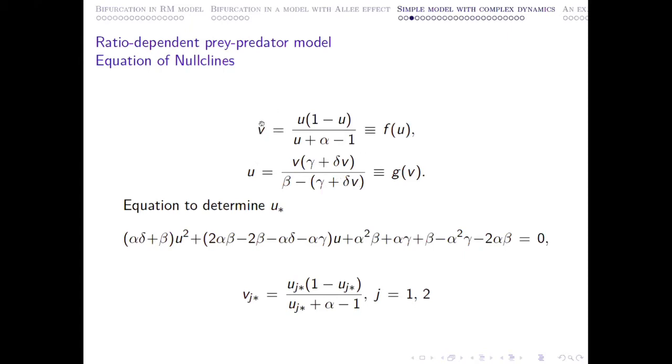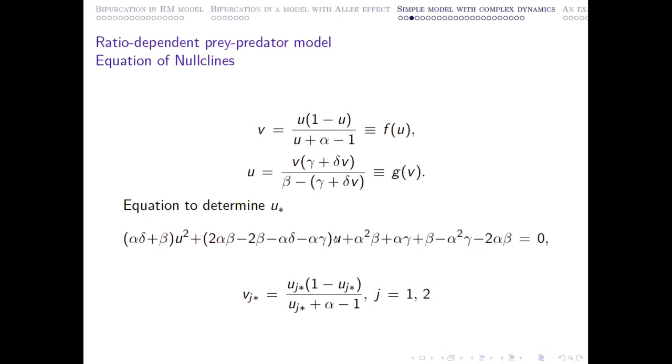So that means here you have v explicitly in terms of u. In the second equation, you have u explicitly in terms of v. So what you can do is substitute the expression of v in terms of u in this equation, and then you will find a cubic equation. And once it is a cubic equation, this is a quadratic equation.